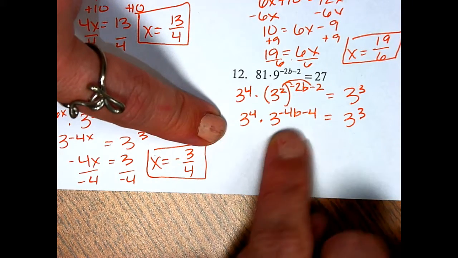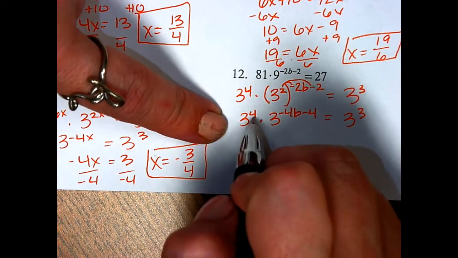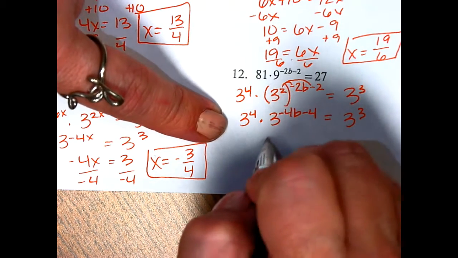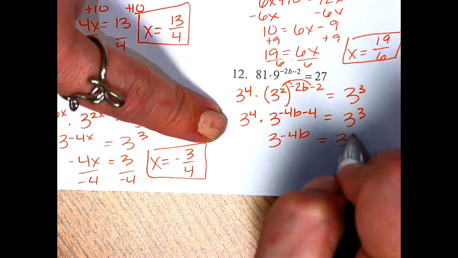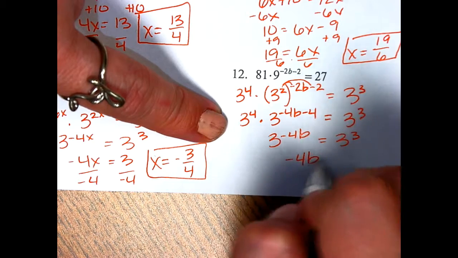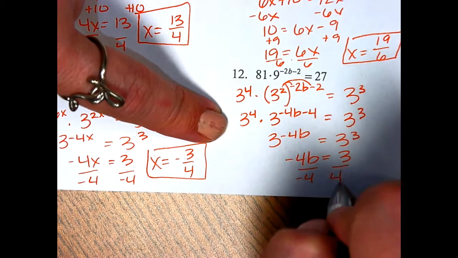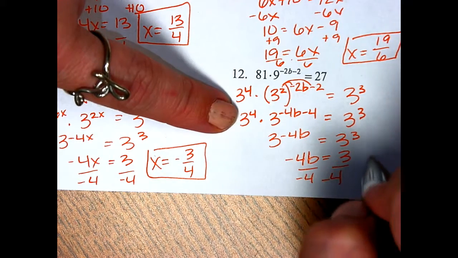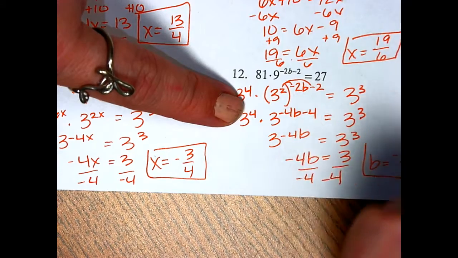Again, when we multiply exponents with the same base, we add them together. So this is going to make the 4 and the negative 4 cancel out. So I have 3 to the negative 4b equals 3 cubed. So then I can drop the base and have negative 4b equals 3. Divide by negative 4. So b equals negative 3/4.